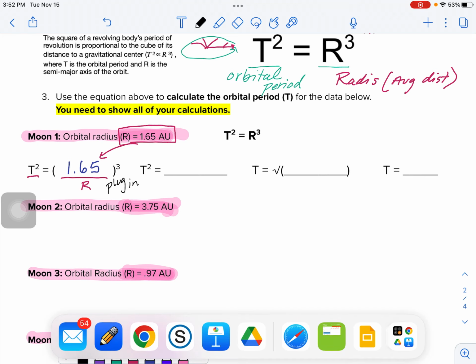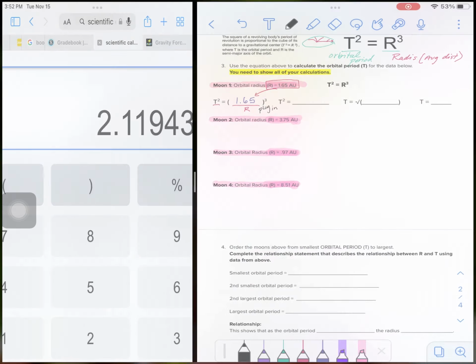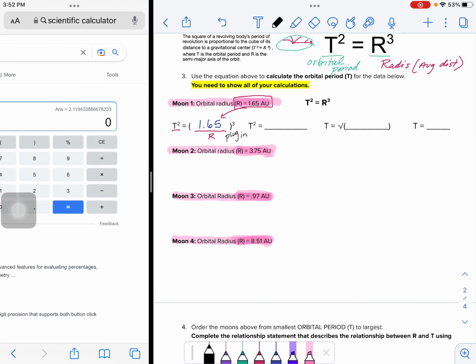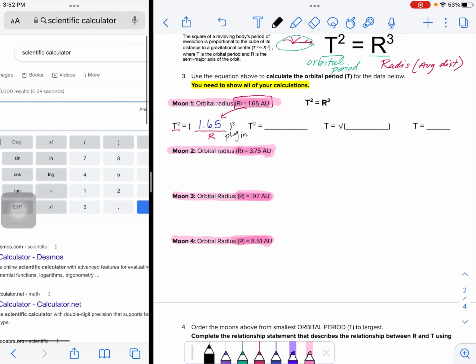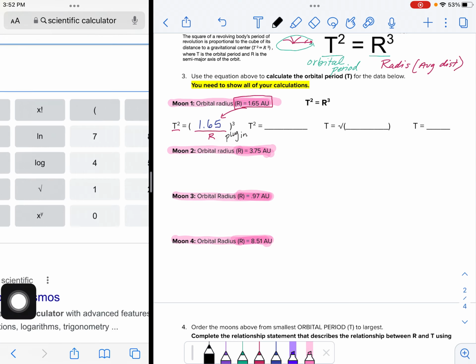So that means I need to access, I've been using this one, the Google Scientific Calculator, super helpful. Use what works for you. So on this particular one, the button I need first is this, allowing me to put in any exponent up here, which for us to start is a 3.